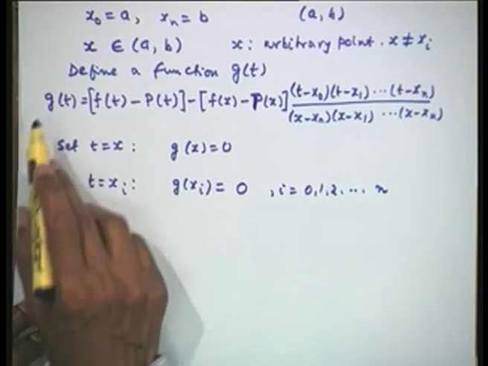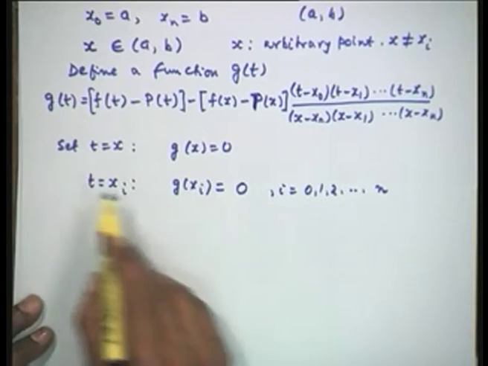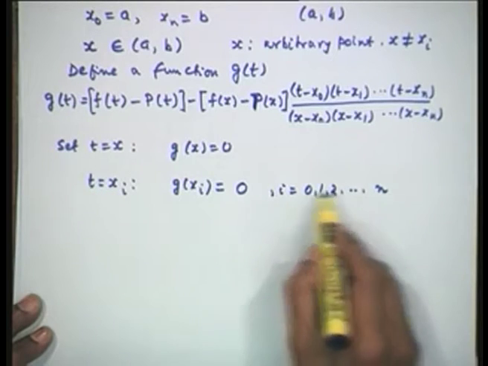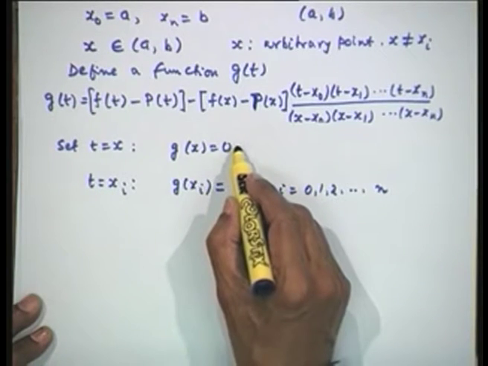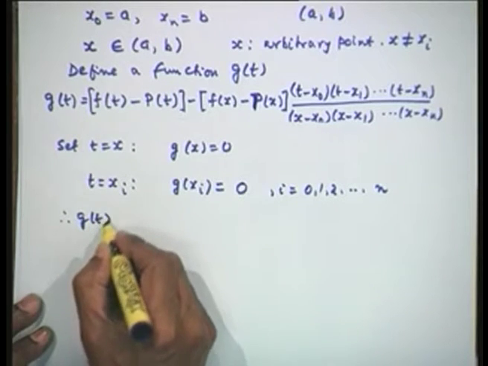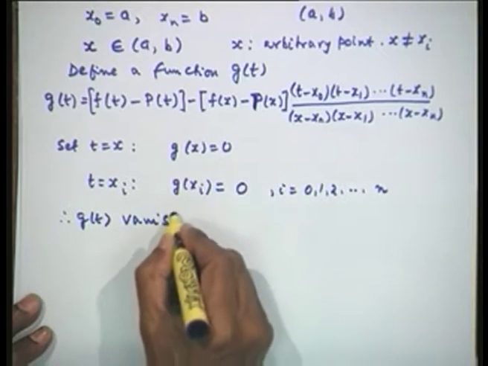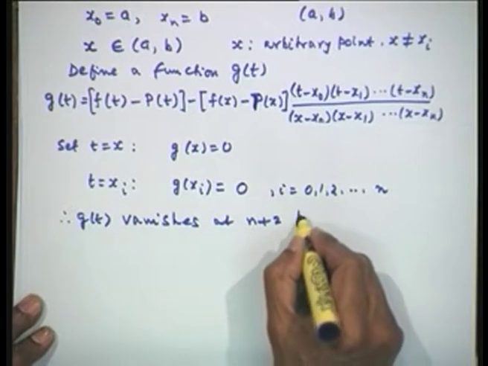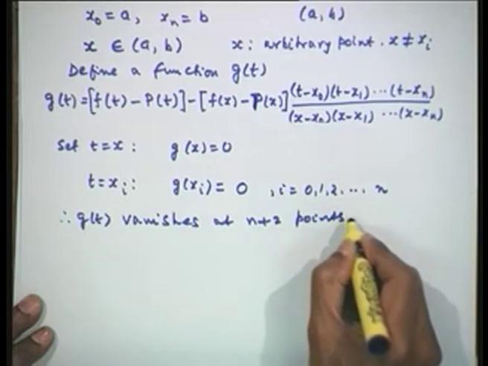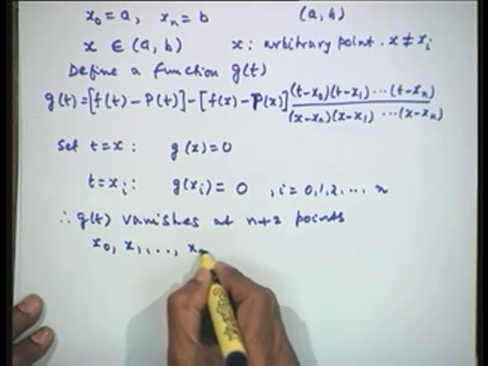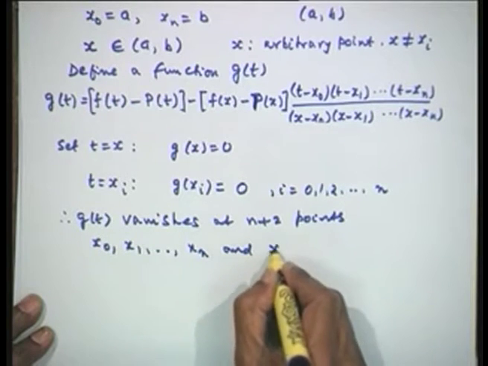Therefore, g(t) is a function of t which vanishes at n plus 2 points: x_0, x_1, ..., x_n and x.